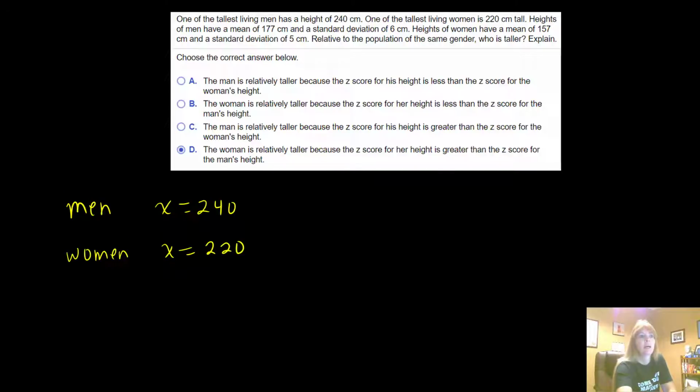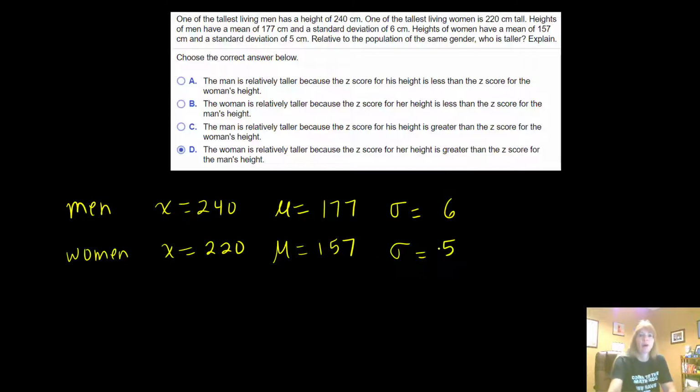It says heights of the men have a mean, so mu, of 177 and sigma, standard deviation, of 6 centimeters. And then the women, 157 and standard deviation of 5.